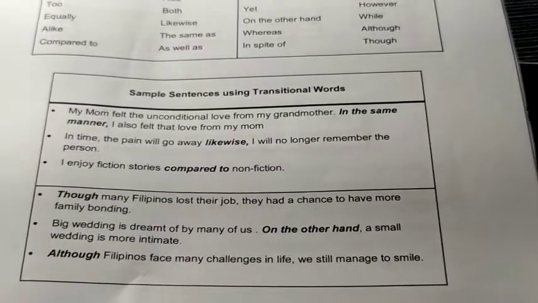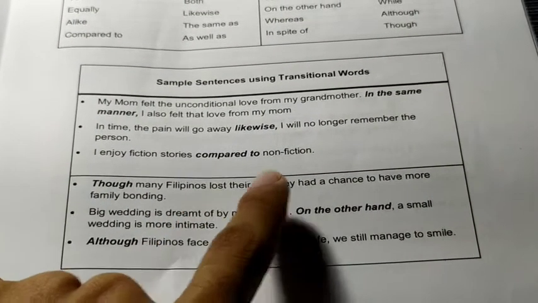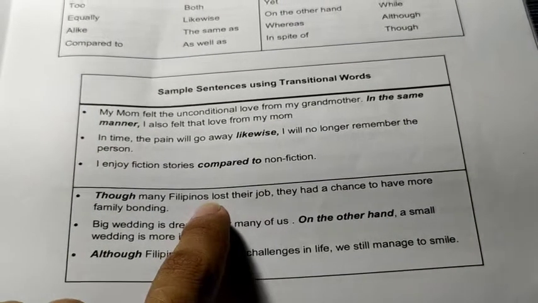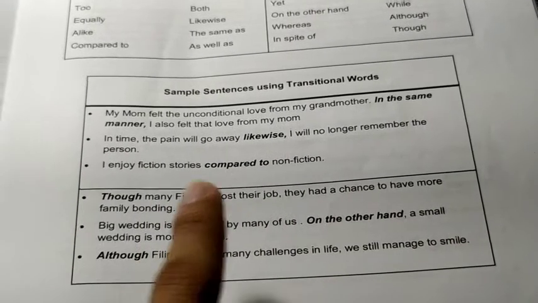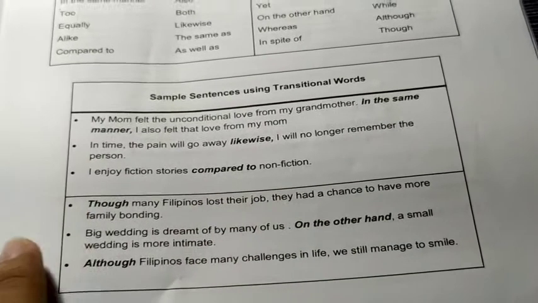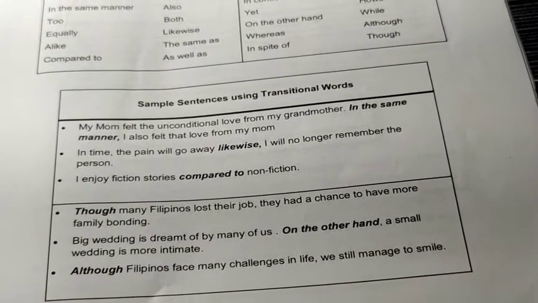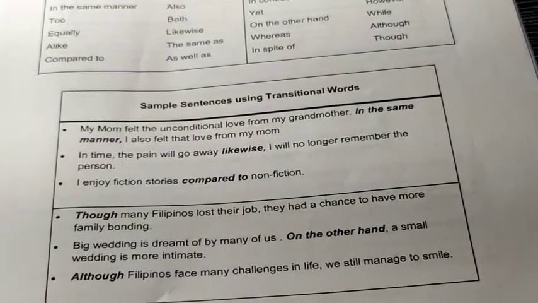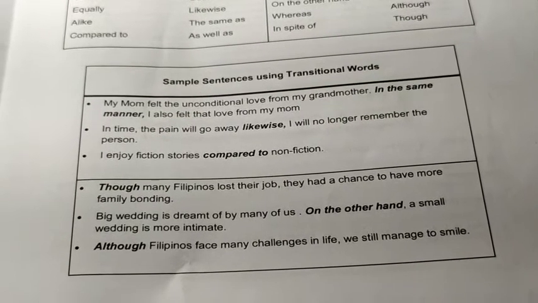And we will continue in though many Filipinos lost their jobs. So it is a negative, but they had a chance to have more family bonding. So we have a negative idea here, but we have a positive, more family bonding. So that is contrasting another way, one positive, one negative. Big wedding is dreamt of by many of us.